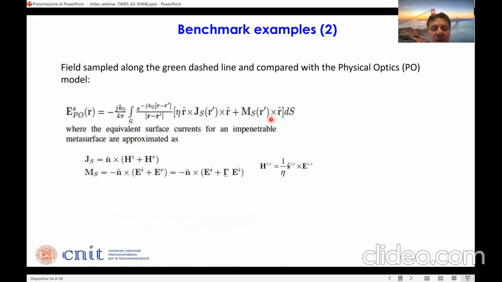We compute basically a radiation integral, which contains equivalent surface currents, electric and magnetic, J and M, and these J and M currents can be easily computed once we know the incident magnetic and electric field and the spatial modulation coefficient.